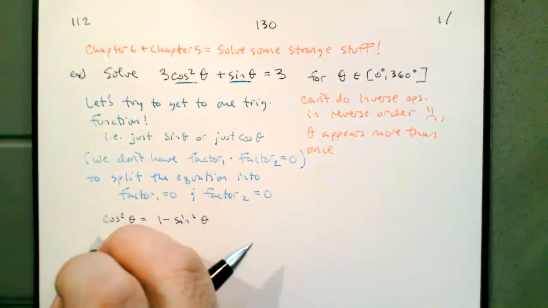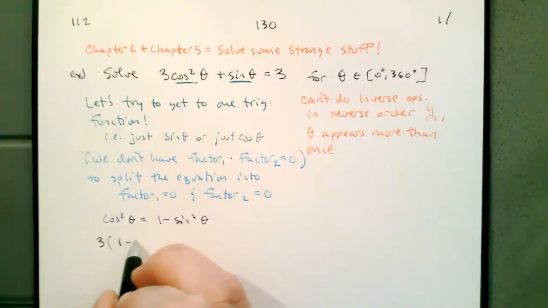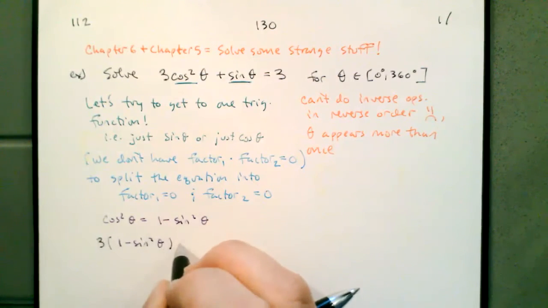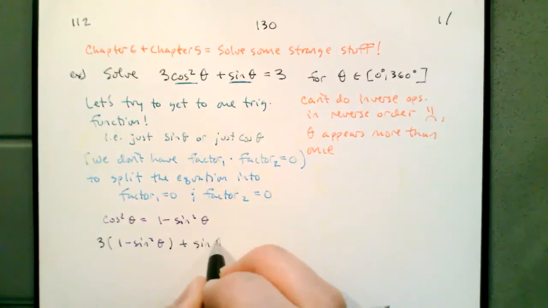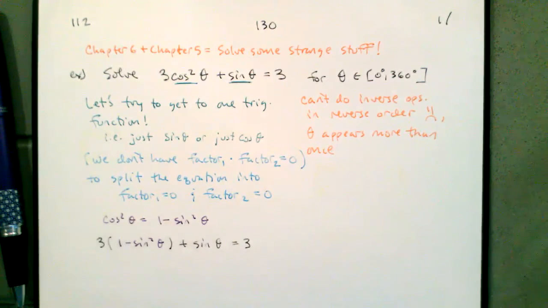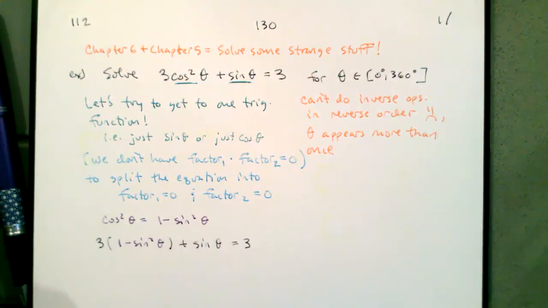So my equation looks like 3 times 1 minus sine squared theta plus sine theta is equal to 3. We're better off here because we only have one trig function, sine of theta. There's an instance of sine theta being squared, but that's okay, because then I'll have a sine squared theta and a sine theta. Maybe it's quadratic in sine theta. Let's see what happens when we simplify some stuff.